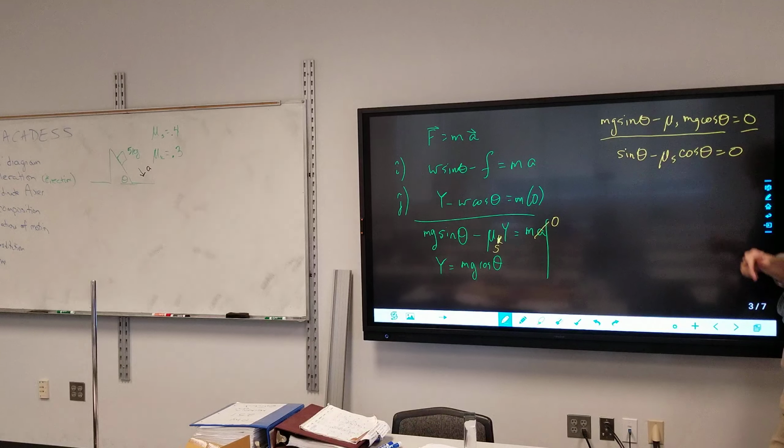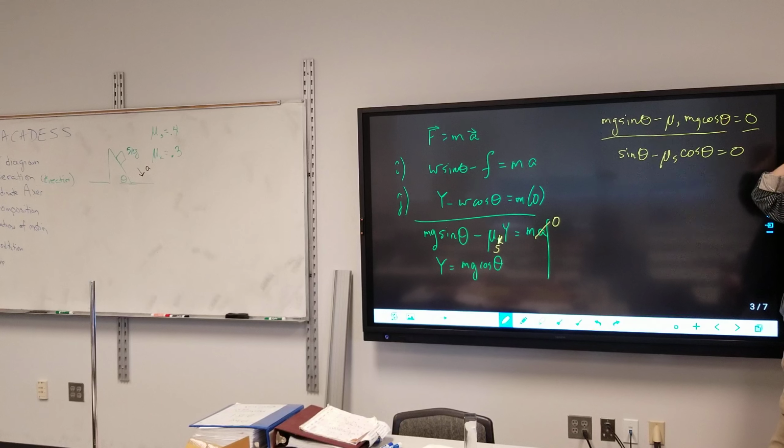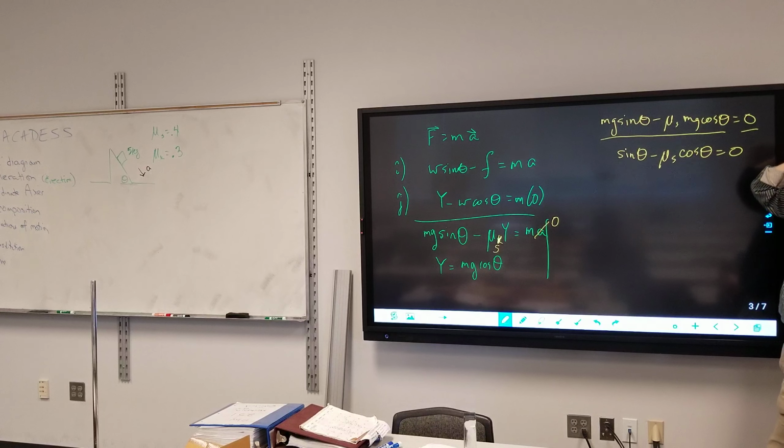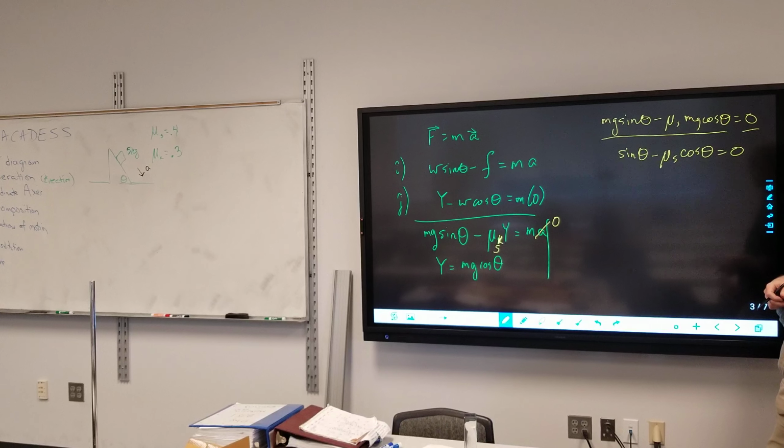Again, trying to solve for theta, so I need to get all my thetas on one side. Oh, they are all on one side. I need to somehow get my thetas isolated. I guess this is a job for trig identities. Which trig identity do you want to use?